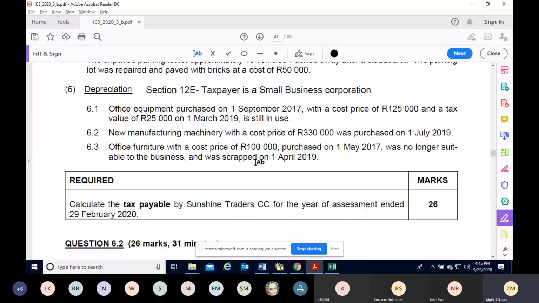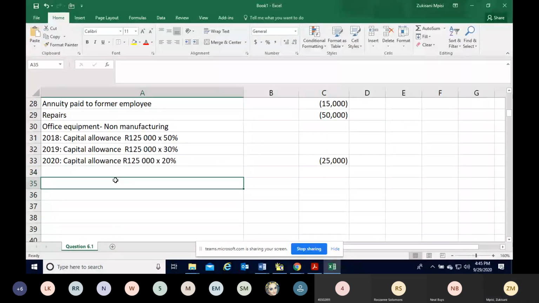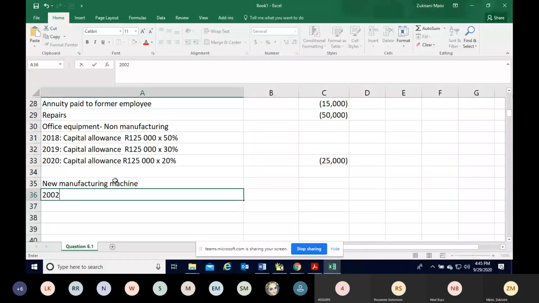New manufacturing machine with a cost price of 330,000. So we're dealing here with a new manufacturing machine. So what is going to be applied here? Yes, go for it. I was going to say, since it's a new one, the first year will be 40%.